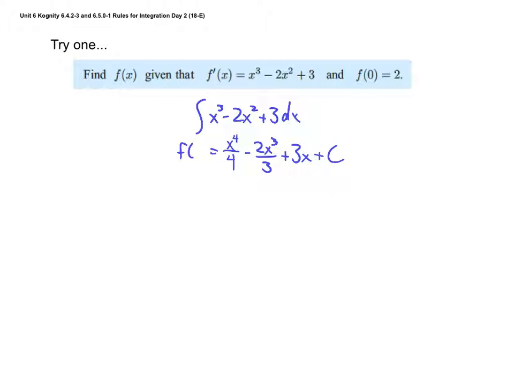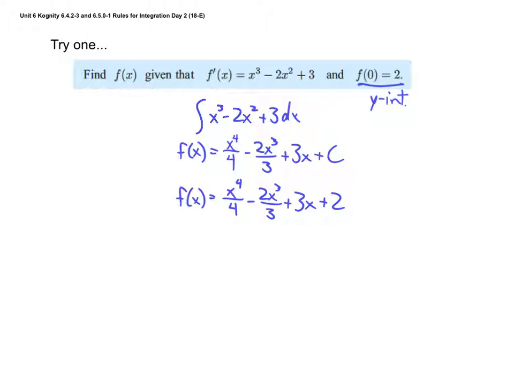And since it's a polynomial, we know that when we plug in 0 is the y-intercept. The y-intercept is the constant at the end, so we can take a little bit of a shortcut here, and it's x to the 4th over 4 minus 2x cubed over 3 plus 3x plus 2.